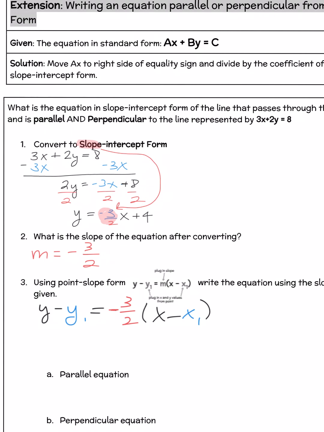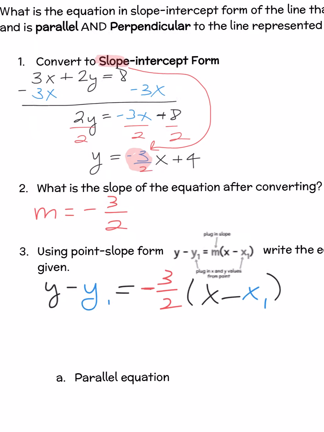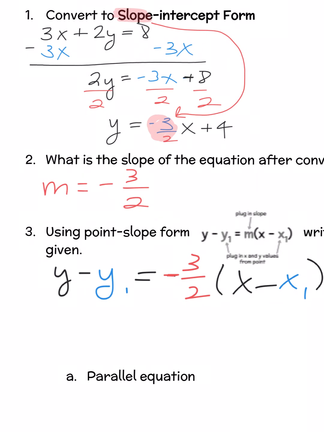Well, that comes from the point earlier, (2, 0), right over here. So I'm going to go ahead and replace it as I see. y minus 0 equals negative 3 over 2 times x minus 2.